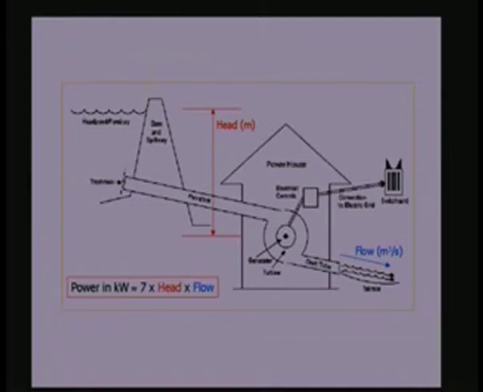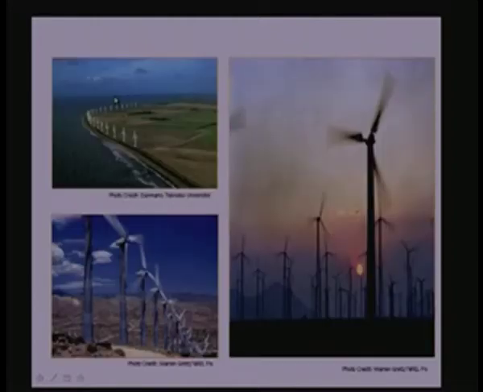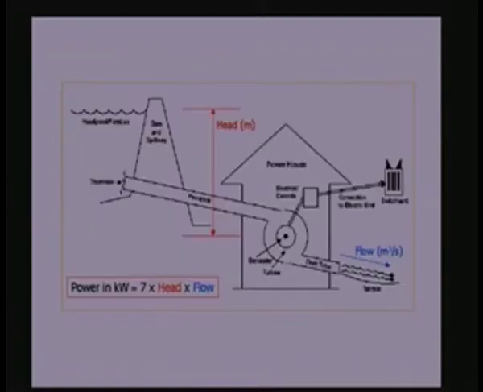Now, in the generation of electricity from hydroelectric power, you will have a forebay tank, a reservoir which stores up some head of water, and there is a penstock which will lead the water to a turbine.